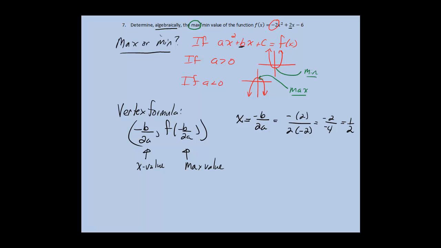Now if I want to find my y coordinate, which is equal to the max value, it will just be the functional value of -b over 2a. So I'm going to have to find f of 1/2.